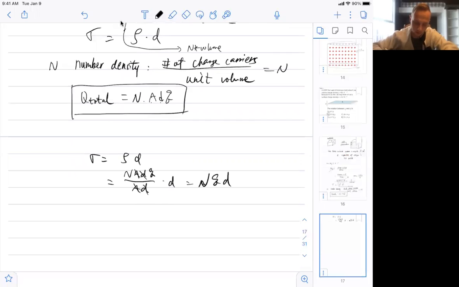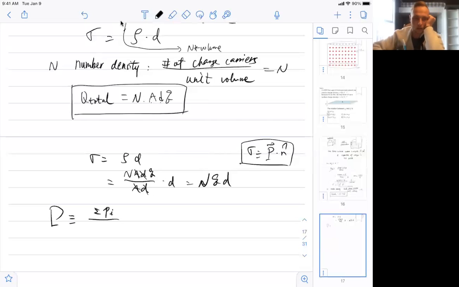All right, so we calculate the surface density, and previously we were saying how surface density is represented by polarization, right? So this is what we define. Let's look at what the polarization is supposed to be. Polarization P is defined to be the sum of all the little dipole moments over volume. And each dipole moment is QD, right?